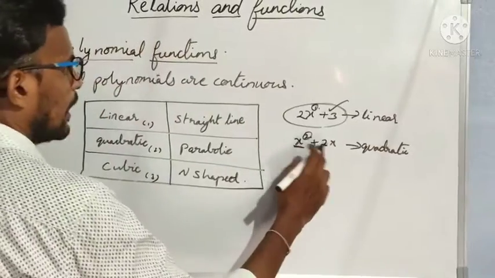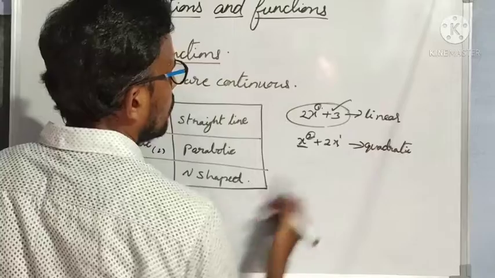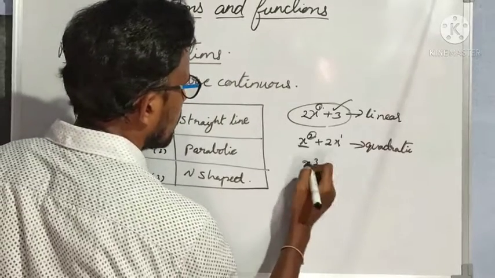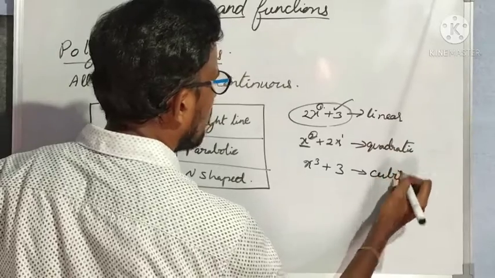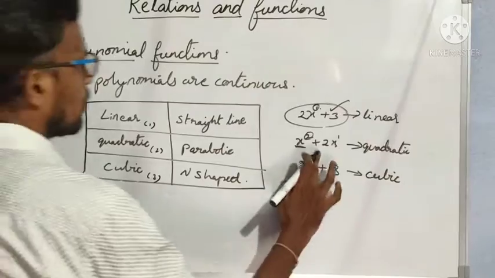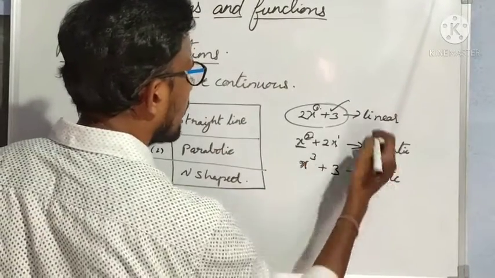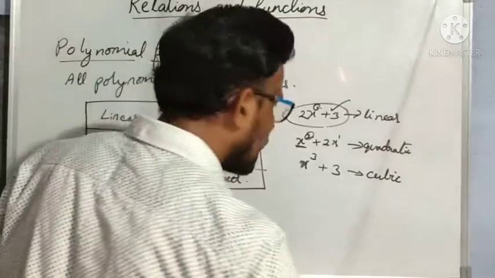Degree is nothing but the highest power of the variable. Next, x cube plus 3 is a cubic polynomial, and its degree is 3. Understood? So these are linear, quadratic and cubic polynomials. Clear? So let us see the graph.